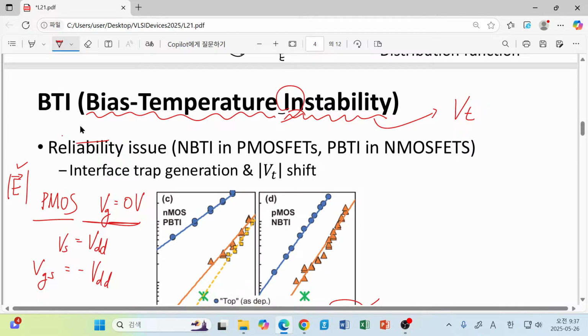Of course you expect certain degradation of the performance, and degradation comes from the change of our threshold voltage. Of course, change of threshold voltage is not the only symptom. For example, reduction of mobility is also quite a big deal, because we have more defects generated inside our system, so mobility is also degraded. But the most important one is the change of our threshold voltage.